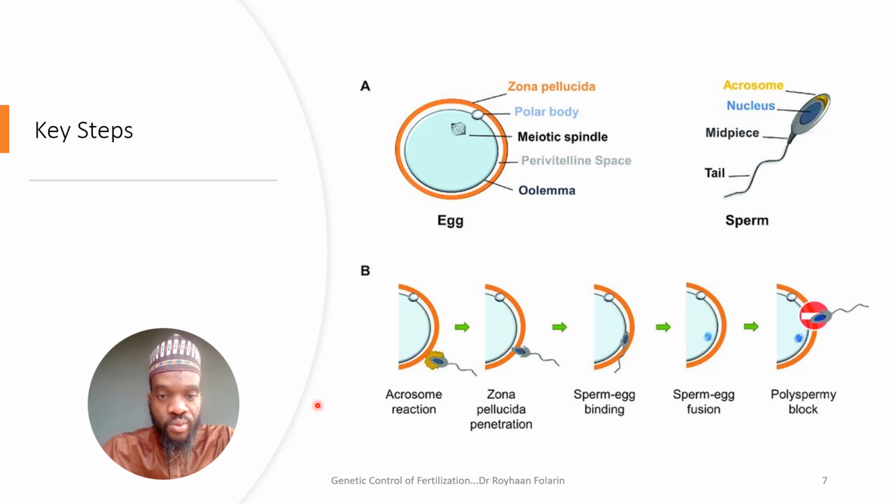So to proceed, here is a further display of the sperm: the acrosome, nucleus, middle piece, and the tail of the sperm. And then over here, we have seen the zona pellucida, and then the polar body.